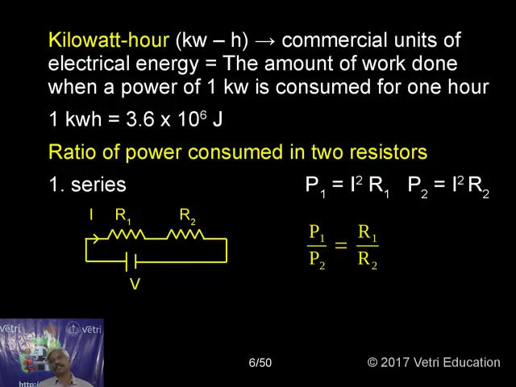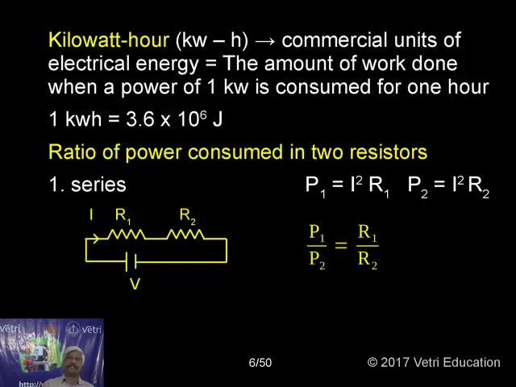For the power consumption for domestic or commercial purposes, we calculate the power in terms of the unit called kilowatt hour. What is watt? The unit of power. Everyone knows, not only for electrical power, the unit of power is watt.